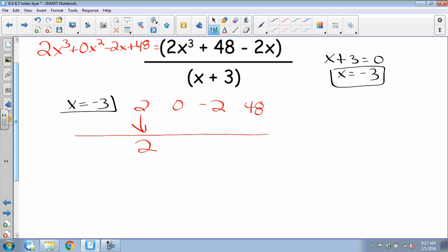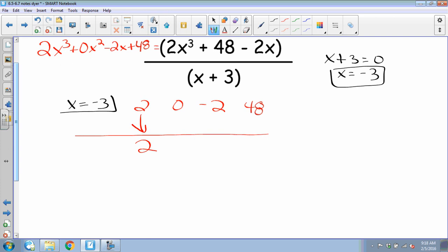Wait, what are the x's in the square root? We're not worried about those right now. Oh, okay. This is fake division. Synthetic division, faux division. Okay. Bring down the first number.